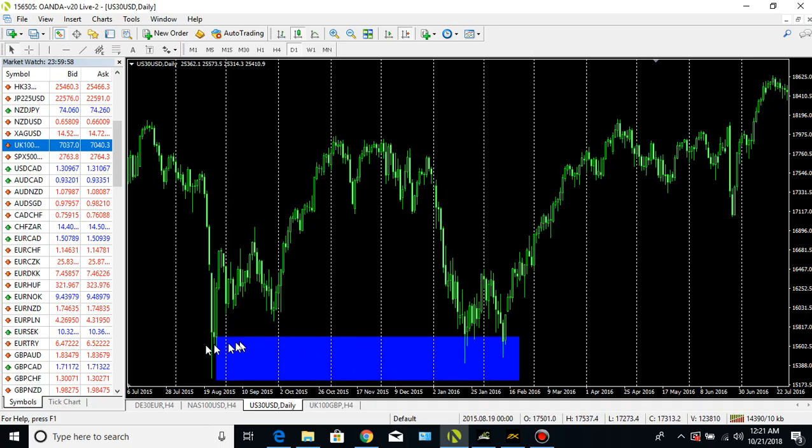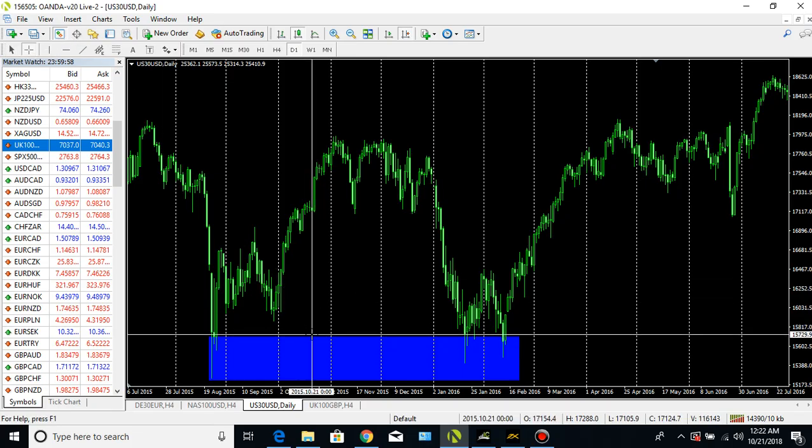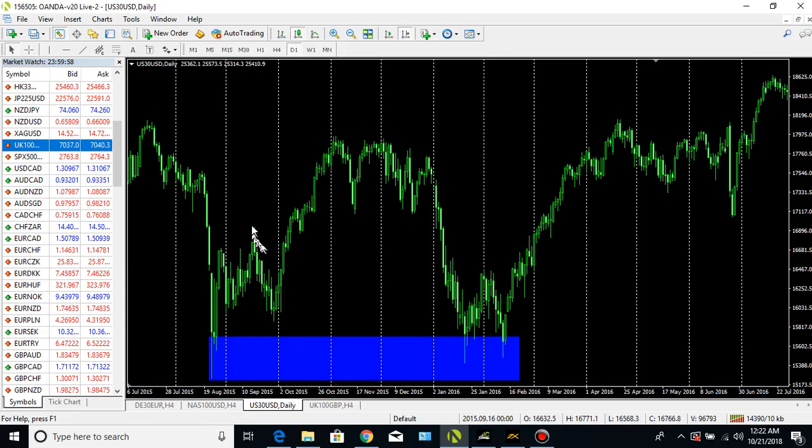It's a demand zone, as you can see. But this zone is too big. I mean, this is like $400. Let me just measure that. Yeah, this is like $500 on 0.01, which is too much, too deadly.